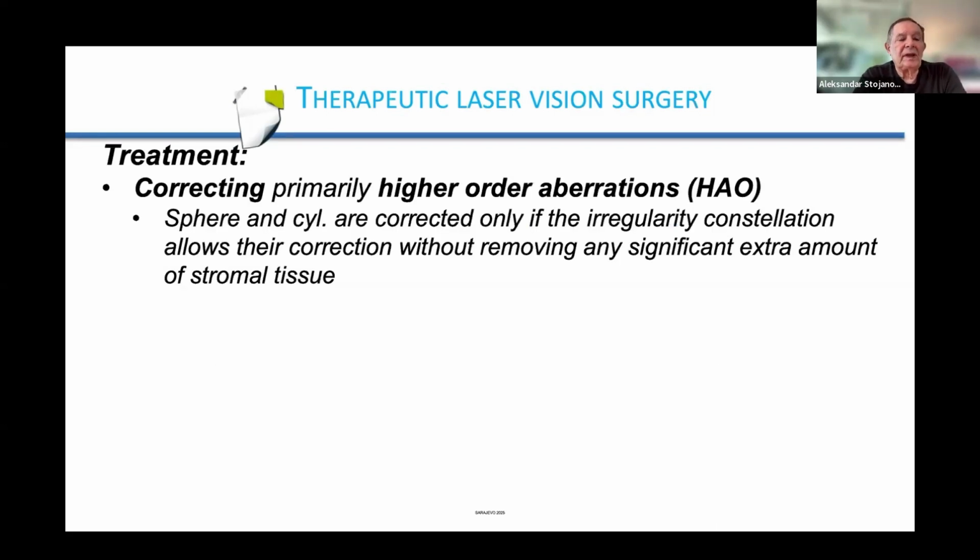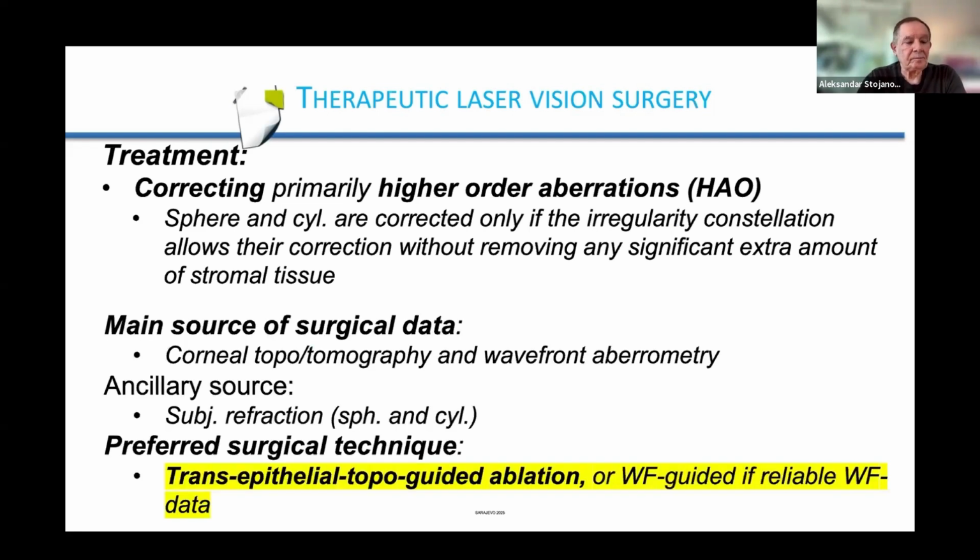And our treatment is aimed to correct primarily higher order aberrations. We may also correct sphere and cylinder if it is convenient, meaning if the correction requires only moderate use of stromal tissue.